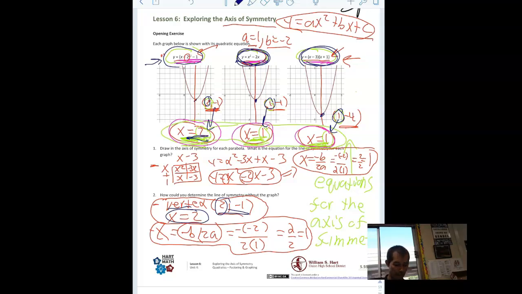And then right here, I use negative b over 2a as another alternate way to get the equation for the axis of symmetry. I already know the equation is x equals 1 right here. So you can see that I got the exact same equation, x equals 1, by just plugging in the values of a and b from this equation that was in standard form.